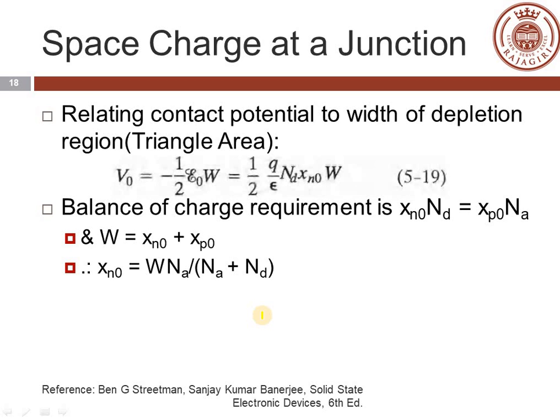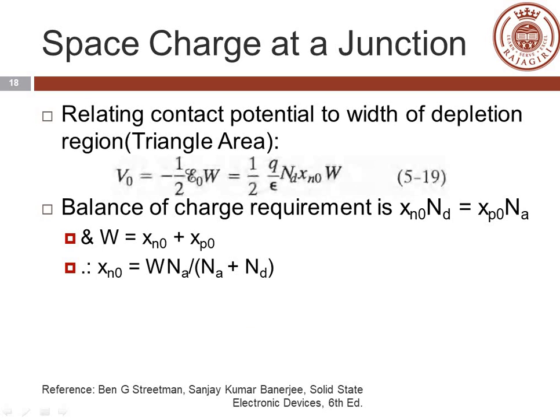Now the balance of charge says that xn0 times N_d should be equal to xp0 times N_a. As we discussed earlier, the transition region extends towards the n side by xn0, multiplied by the donor ions there, and similarly towards the p side by xp0, multiplied by the acceptor ions there, N_a, and these should be equal. We know the transition region W equals xn0 plus xp0.